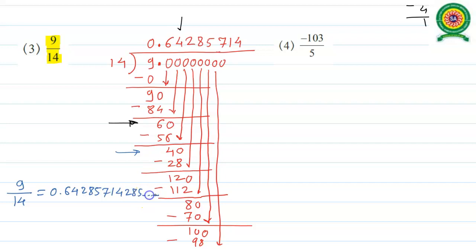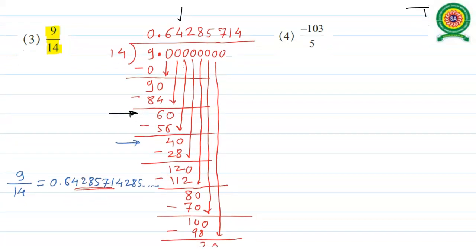Put a dot dot dot in front of it, which implies and so on. The same set of digits from 4 up to 1 is repeating infinitely many times.